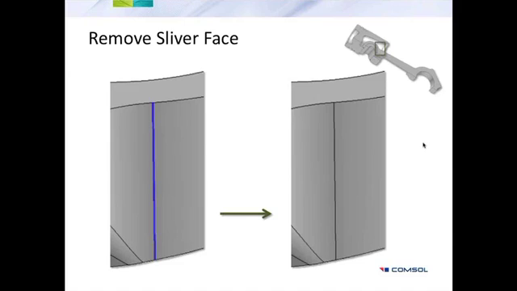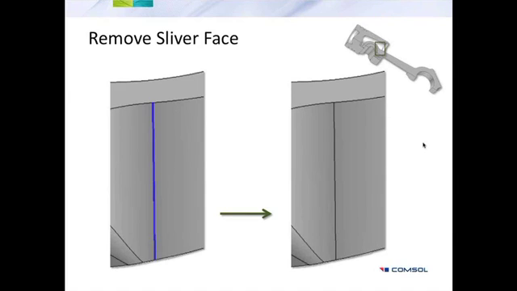Just a few examples on smaller details here, and sliver faces are usually causing a lot of problems in CAD design, because a lot of CAD software, especially when you're using surface-based modeling, don't really care about the partitioning of the solids or the surfaces of the solids.